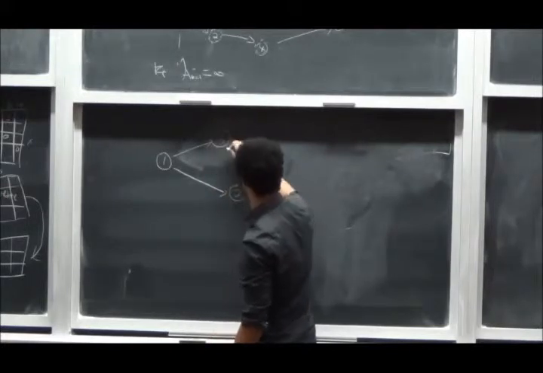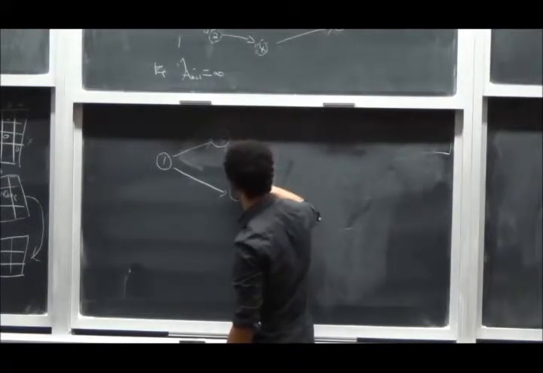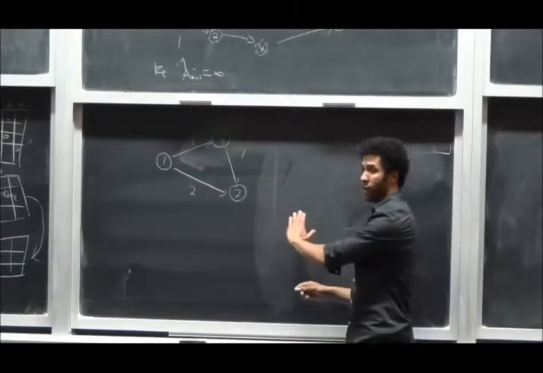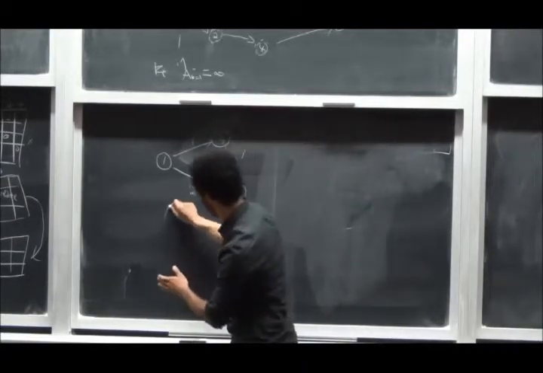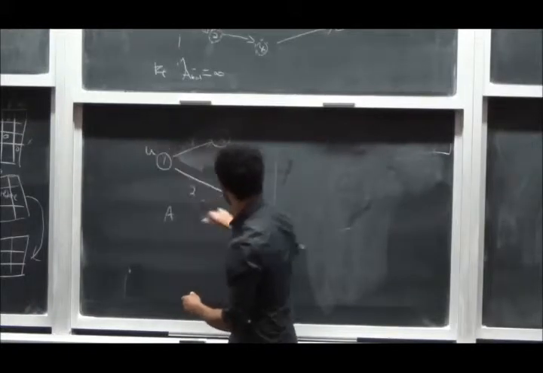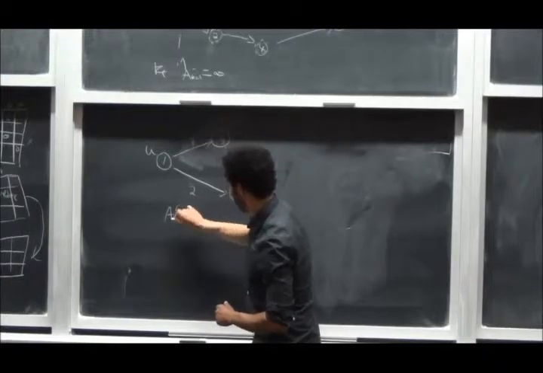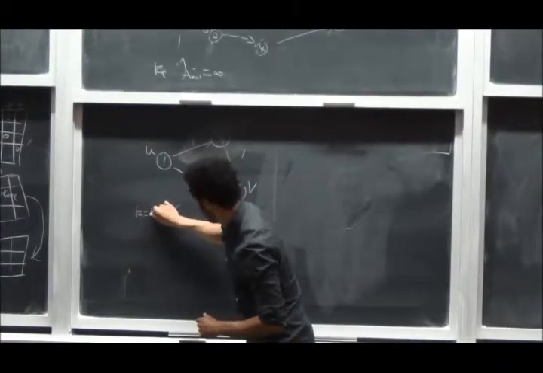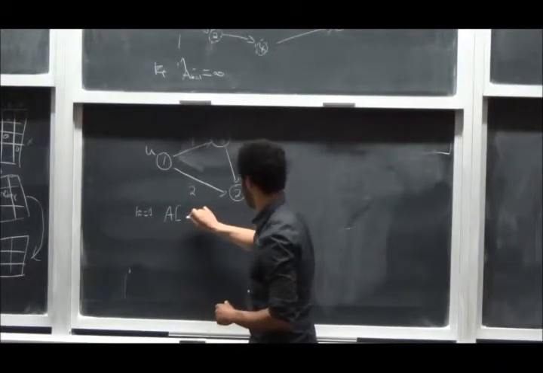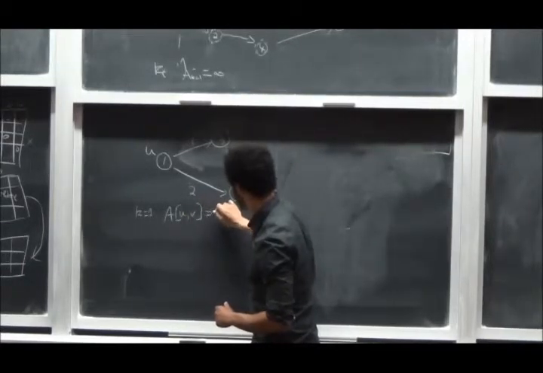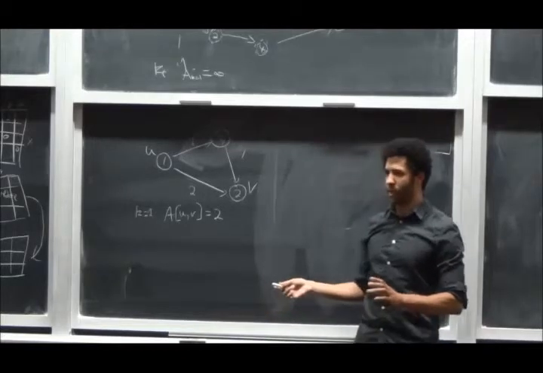We haven't discovered, there can be an edge here with weight 1, 1, and 2. And the point is, after one iteration of the algorithm, we're not going to work with the k value, our AUV for k equals 1 will simply be 2. Does that sort of make sense?